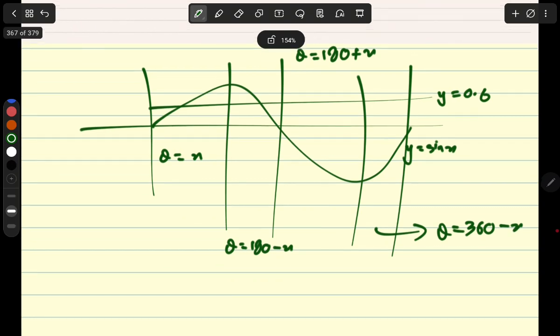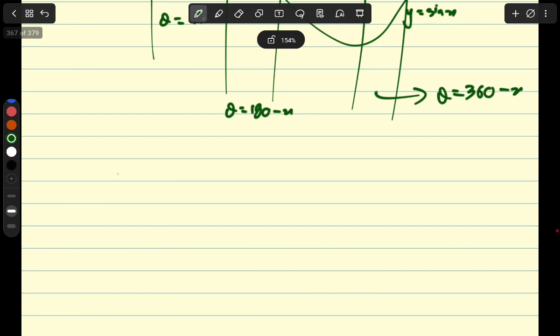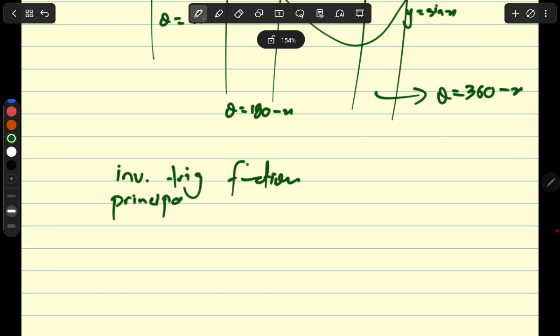So in today's lecture, we'll cover inverse trig functions. We will also be doing the principal values, or the basic angle. We also call it the basic angle. And why calculators only give one answer, right?